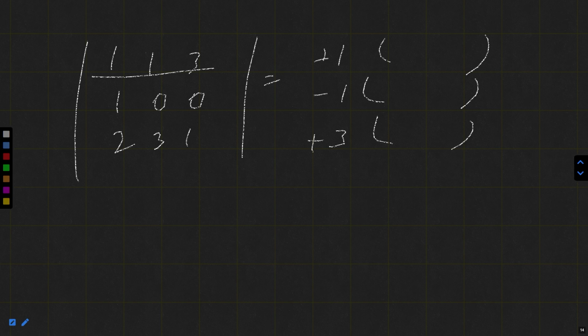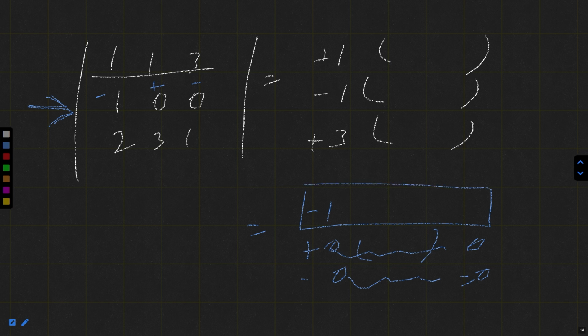If you have to find it according to the second row, how will you approach? As you can see, the second row approach will be minus, plus, minus. Now this means minus 1, plus 0, and minus 0. This whole thing will be 0, this whole thing will be 0. Using this second row expansion, you will have to just evaluate this one thing.